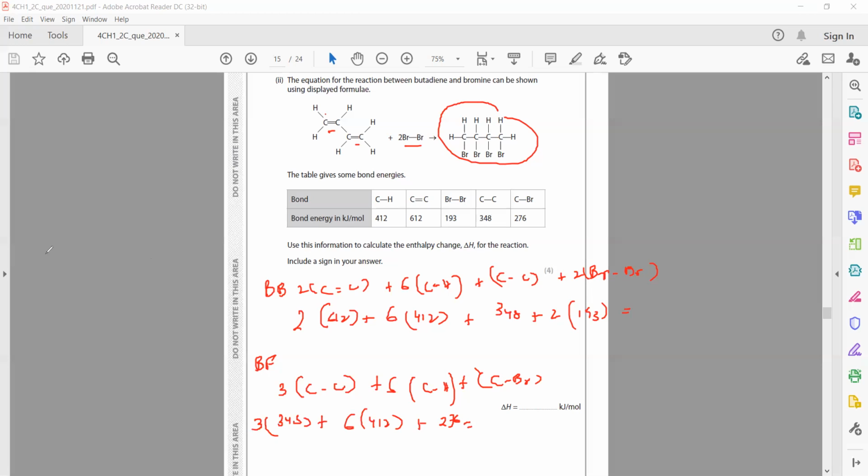The energy change for any reaction is bond breaking minus bond forming. So the bond breaking energy comes out as 4620. The bond forming energy comes out as 4430. So we want to calculate the energy change.